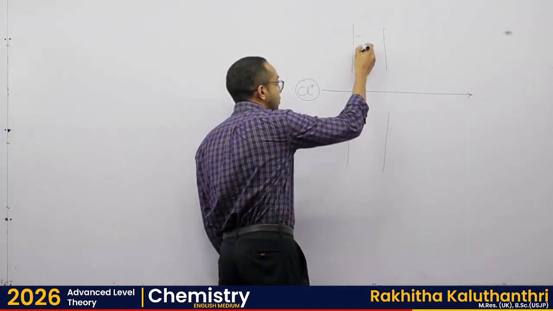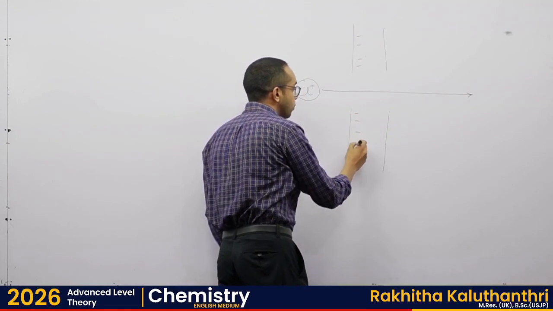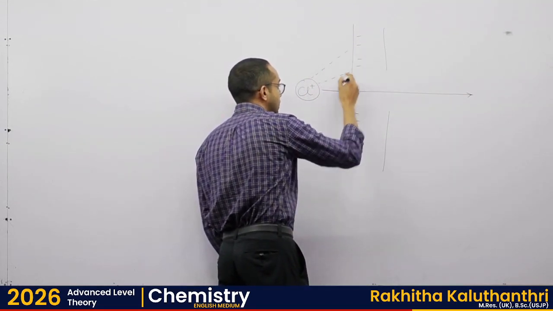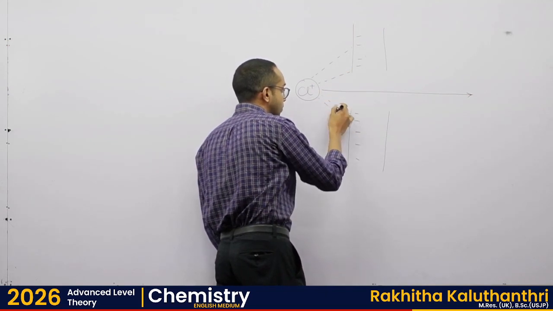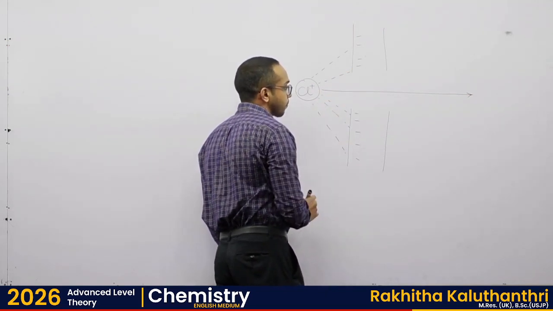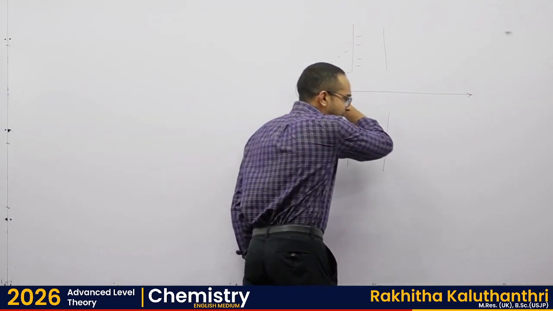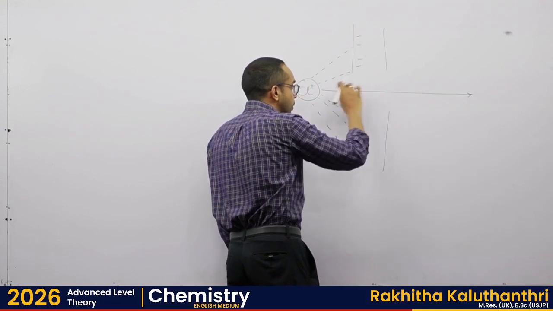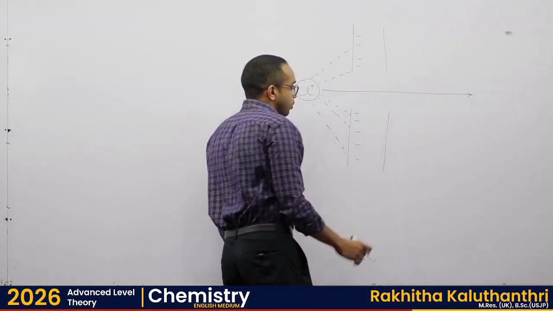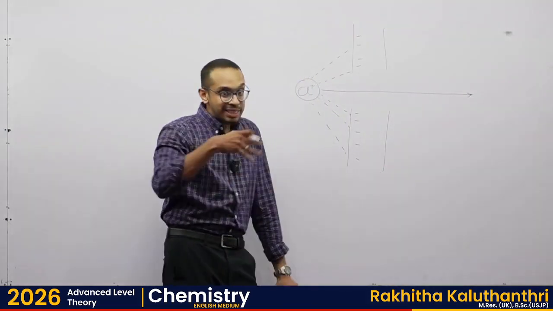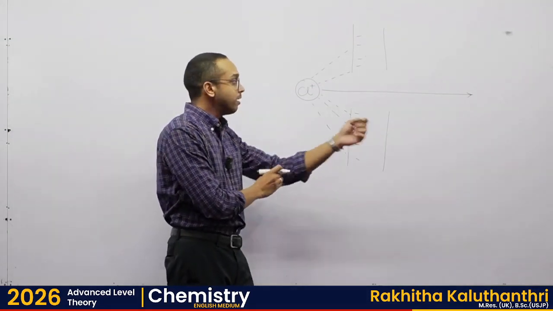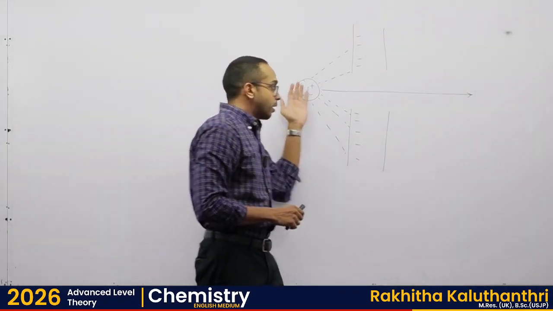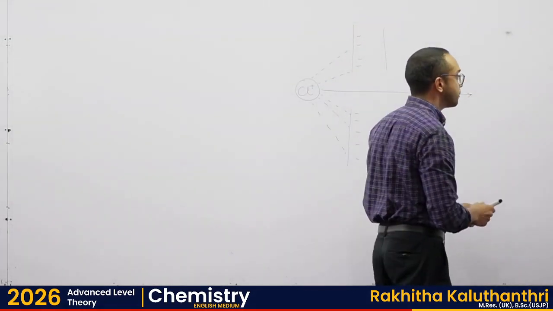Now these plates are negatively charged, so this positively charged ion will get attracted towards these negatively charged plates. So because of that, it will get accelerated, and if it nicely aligns with these holes, it will pass through. So these plates are usually there to accelerate the positively charged ion. Is that clear?